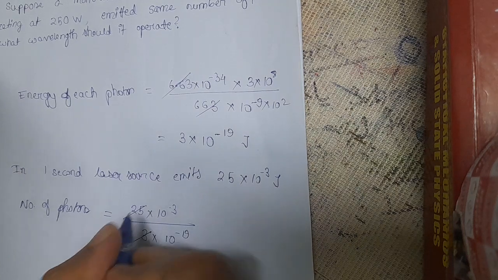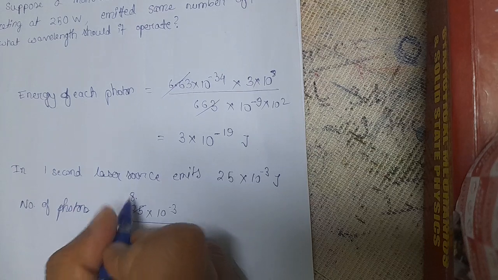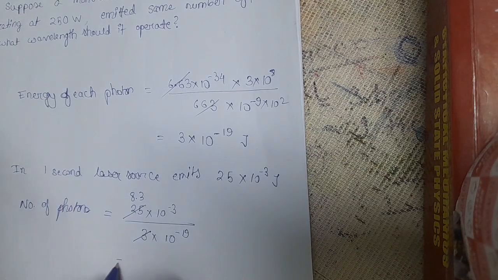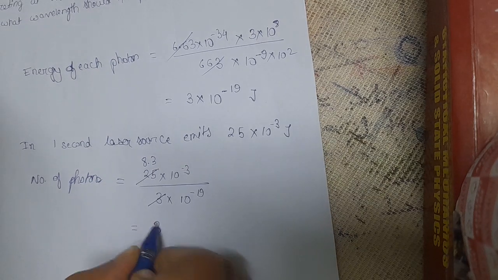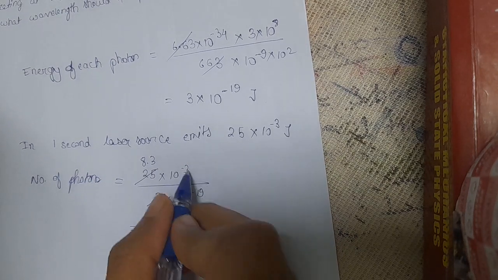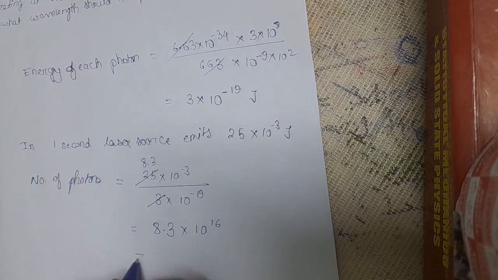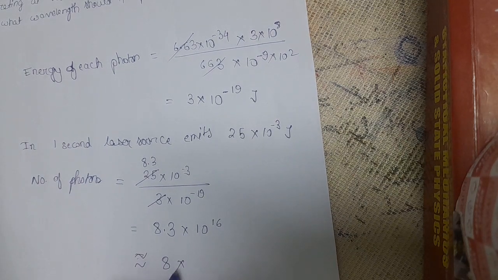So it will be approximately 8.3 into 10 to the power 16 photons, or 8 into 10 to the power 16 photons.